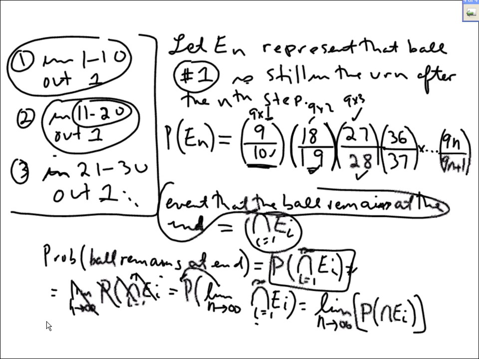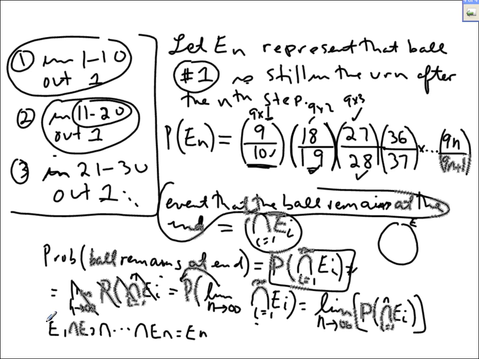Okay. But now, what is the intersection of the E_i as i goes from 1 to n? E1 intersect E2 intersect, etc., intersect En. Well, this is En, because you have E1 being the biggest and E2 being inside.